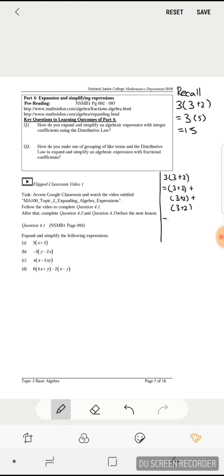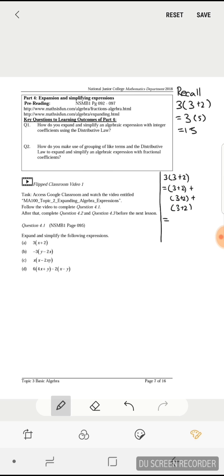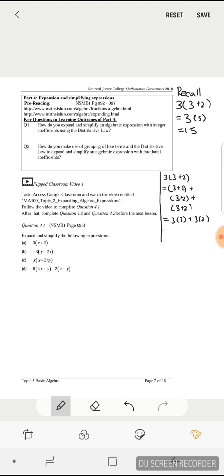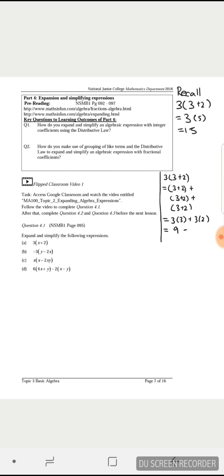Can you see that there are 3 groups of 3 and 3 groups of 2? Therefore, we can also write it as 3 times 3 plus 3 times 2. This gives us 9 plus 6, which is equal to 15.